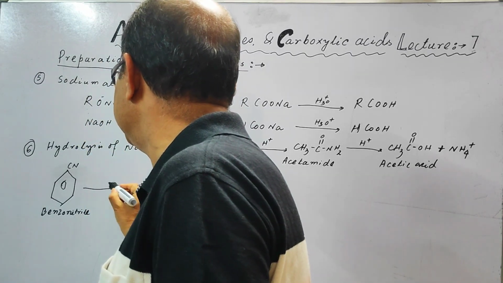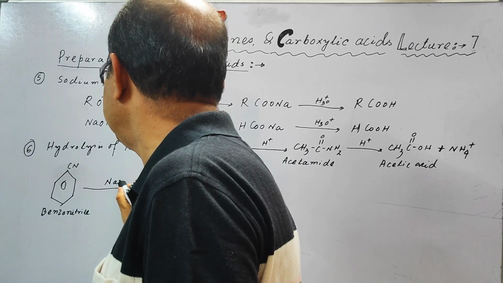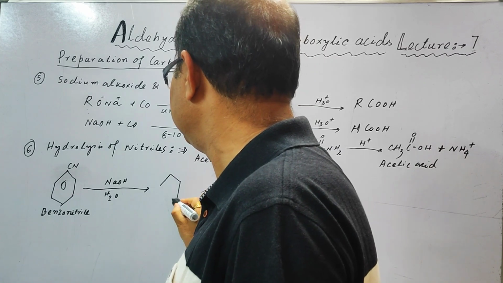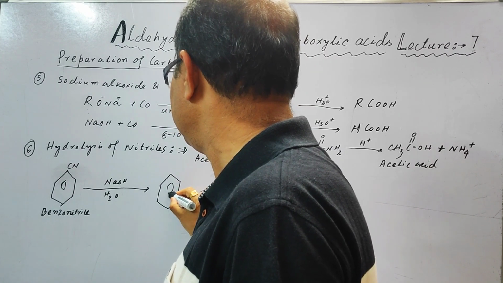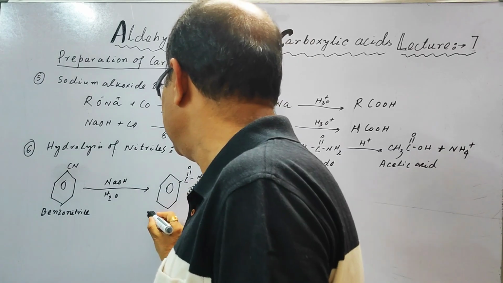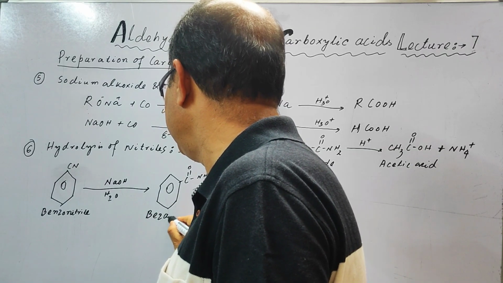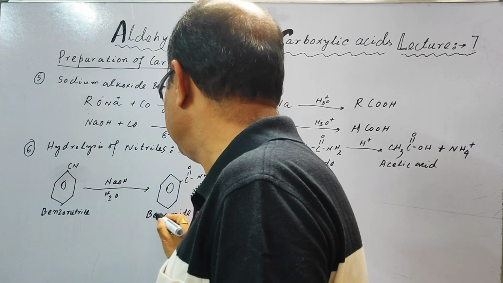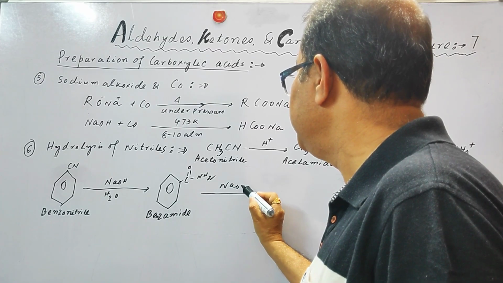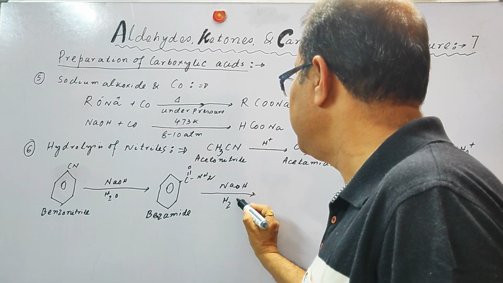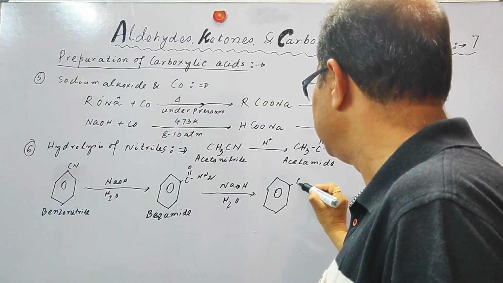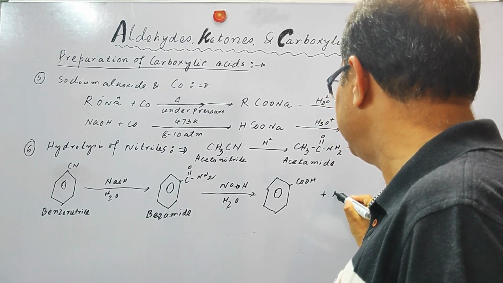When it is hydrolyzed in presence of NaOH and H2O, it is going to produce benzamide, and further hydrolysis with NaOH is going to produce benzoic acid, and it will also produce ammonia.